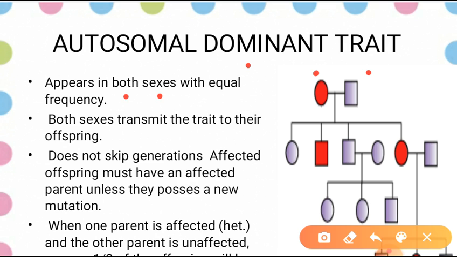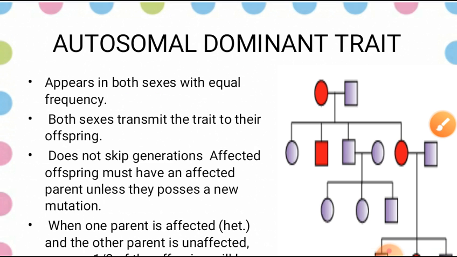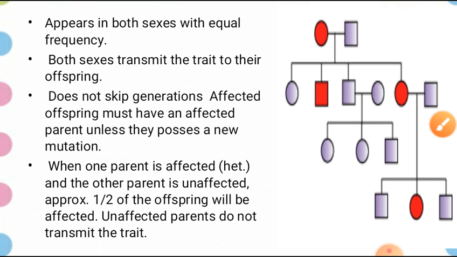But in the F1 generation, if it is an autosomal dominant type of disorder, here one parent is affected, other parent is unaffected, but among the offsprings, 50% will be affected. Unaffected parents cannot transmit the disease.